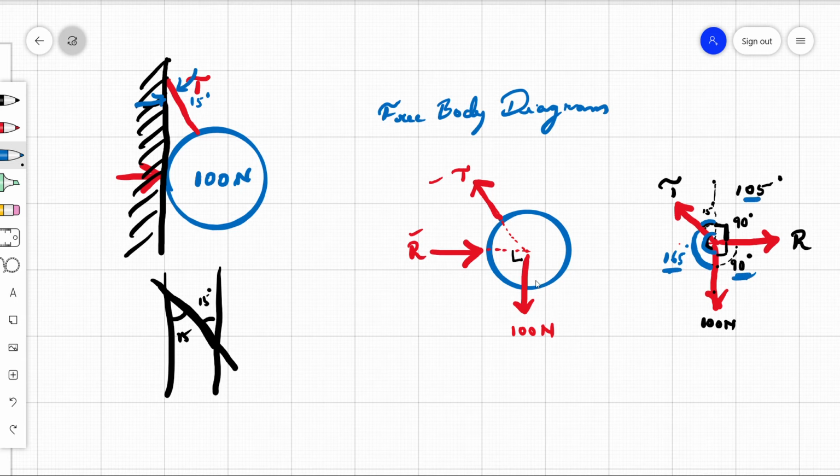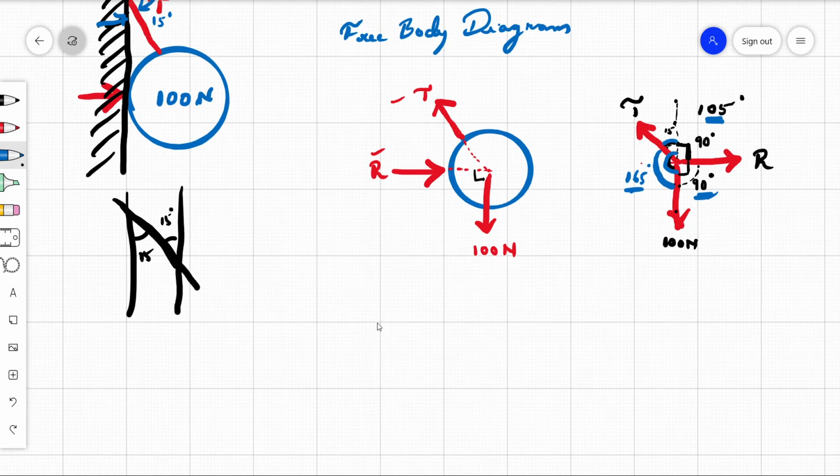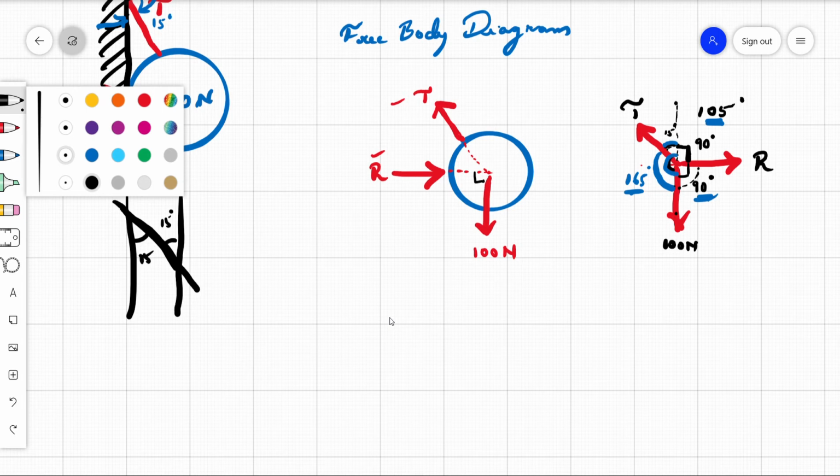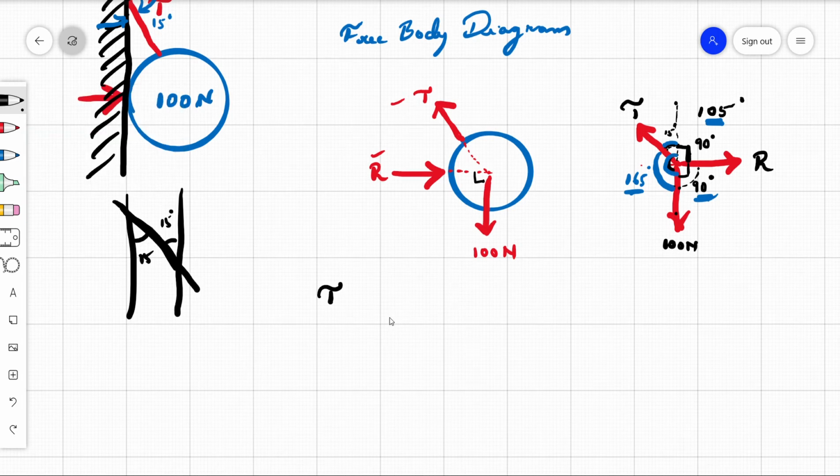Our next step is just to put this in a formula. Any force you take, the first force is T divided by sine of the opposite angle. What is the opposite angle for this T?